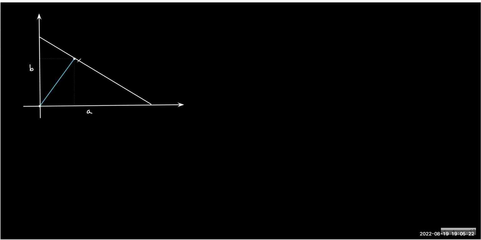I want to find perpendicular in terms of A and B. And this is again very famous: how to find the shortest distance between the origin and the line, given the x and y intercept. So I am trying to find a P given A and given B.